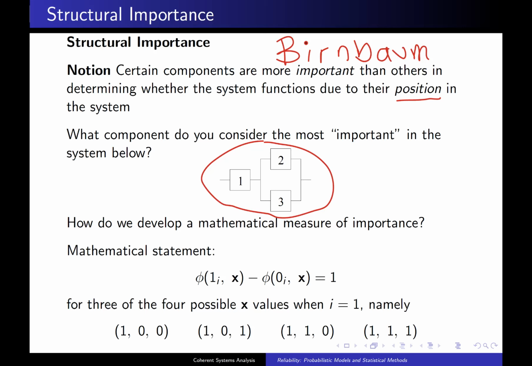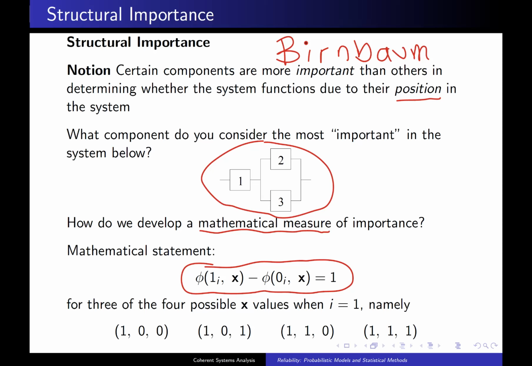So what we want to do is develop a mathematical measure of importance. And here is a mathematical statement: phi of (1_i, x) minus phi of (0_i, x) is equal to 1.